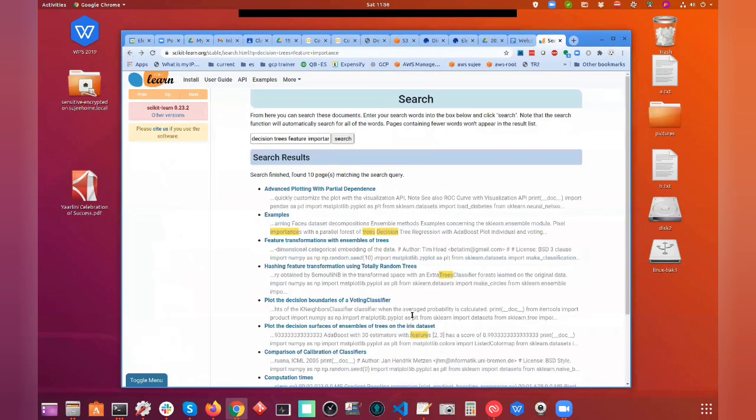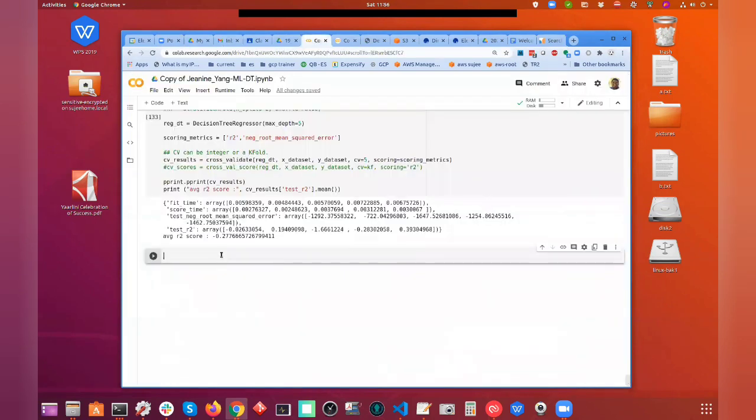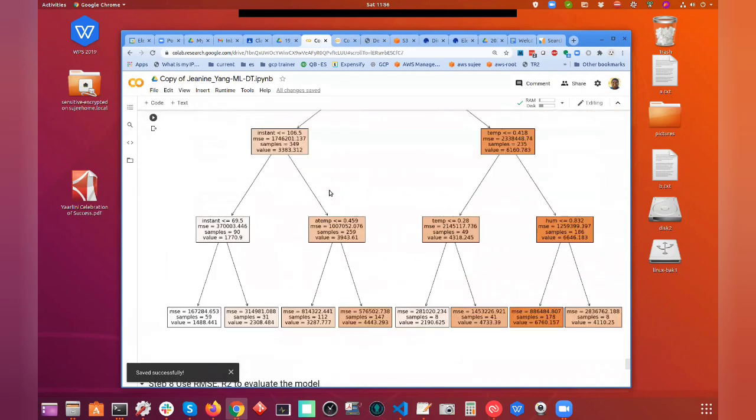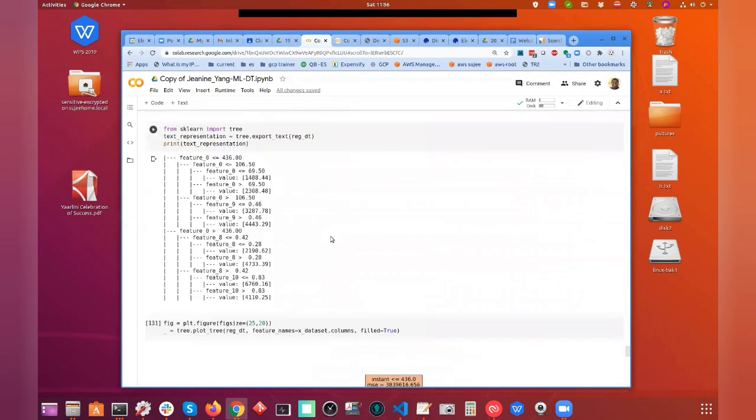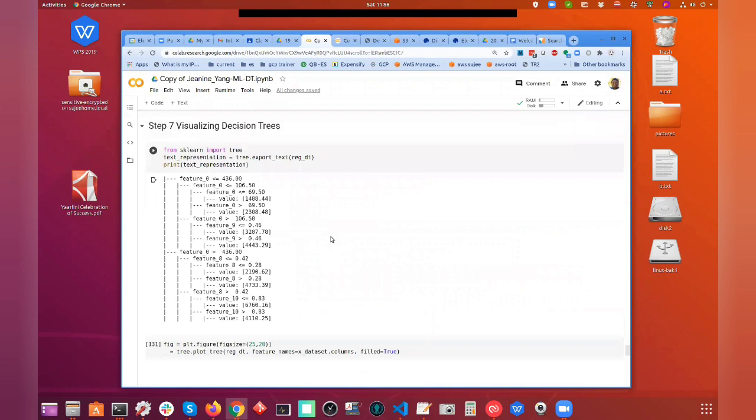I was trying to show you guys. Never mind, I'll just put a comment here: feature importance. So this basically prints out what are the important attributes it actually found when we're going through the training. It's pretty good.